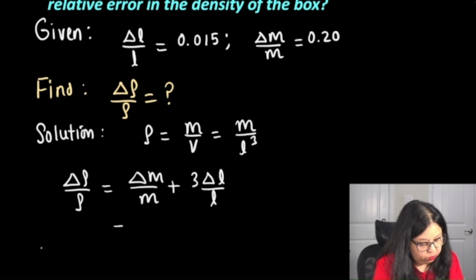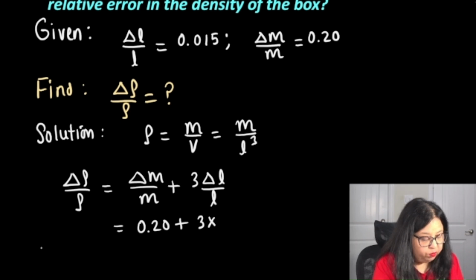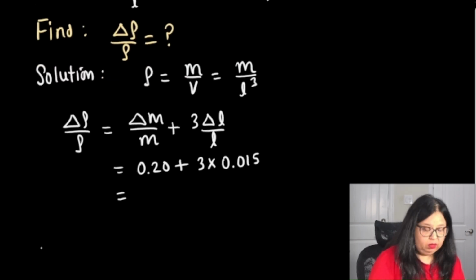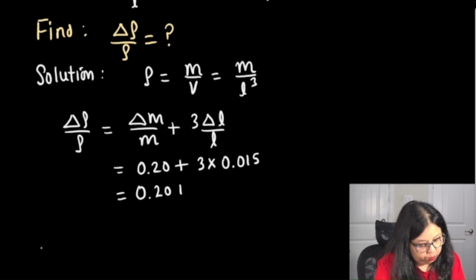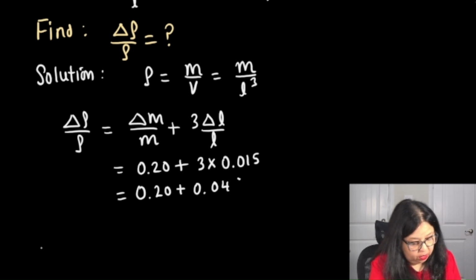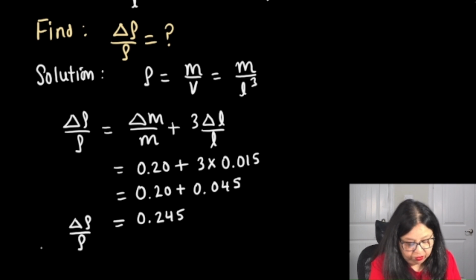Delta M over M equals 0.20 plus 3 times delta L over L, which is given to be 0.015. What does this give us? 0.20 plus 3 times 0.015 is 0.045. Add these up and you get 0.245, which is equal to delta rho over rho.